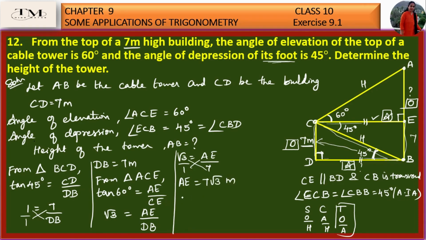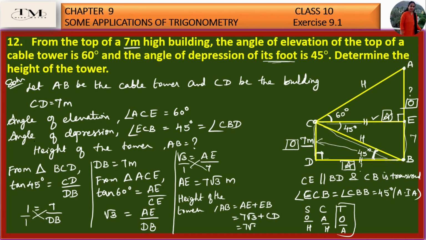So what is AB? AB is the height of the tower. Height of the tower, which is AB, is equal to AE plus EB. What is AE? It is 7 root 3, plus EB. What is EB? EB is equal to CD.